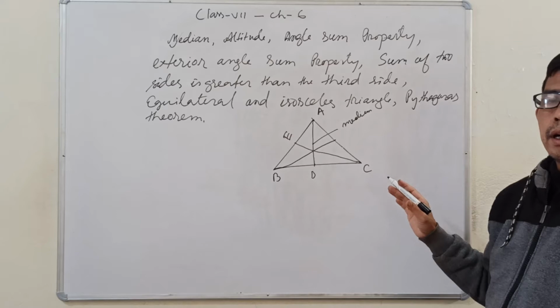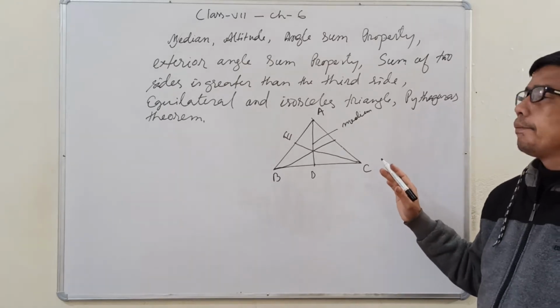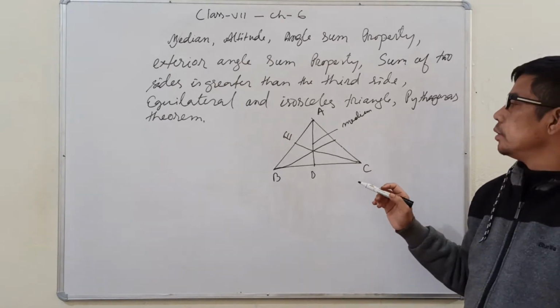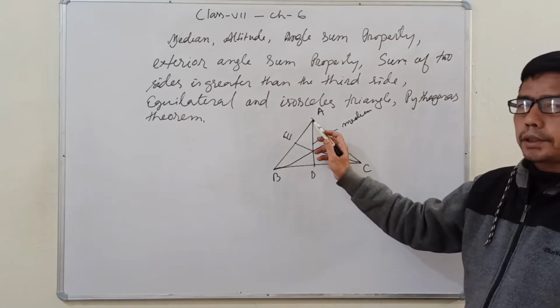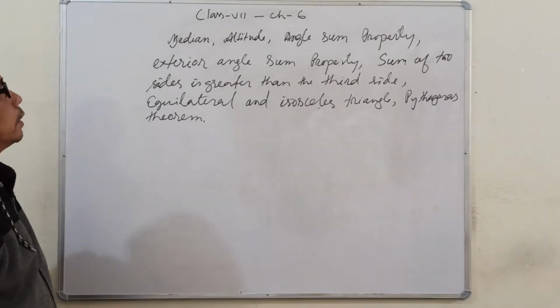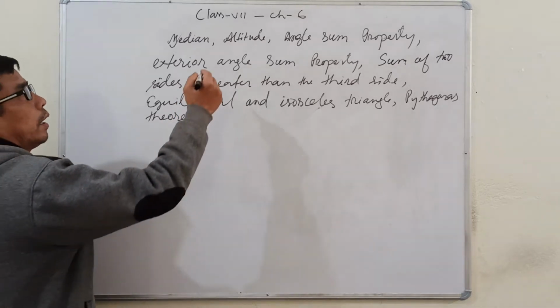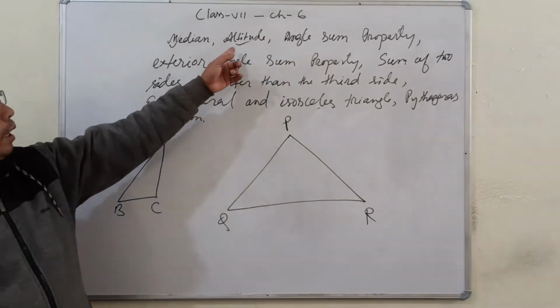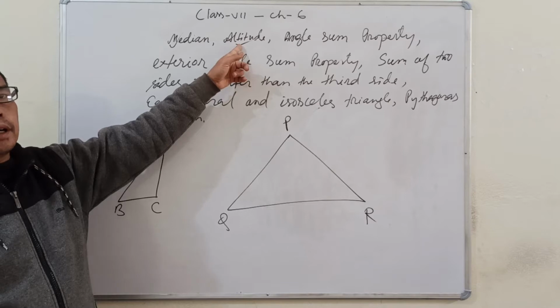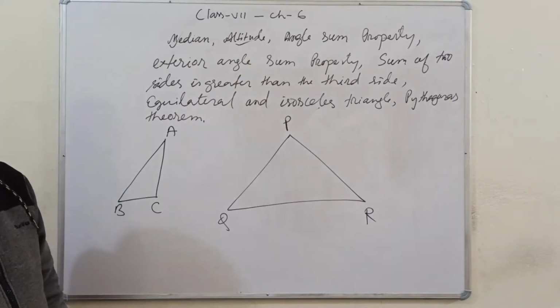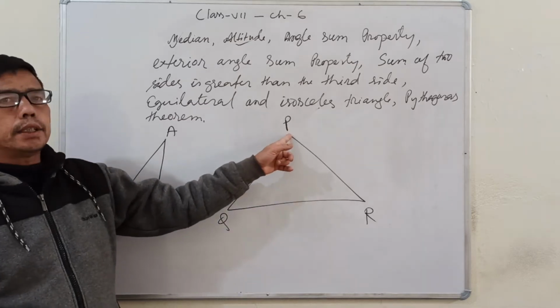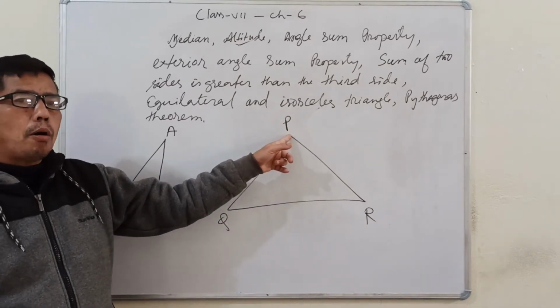Again I am repeating, the median of a triangle is a line segment joining the midpoint of one side to the opposite vertex. Then let's come to altitude. By altitudes of a triangle we mean the perpendicular drawn from one of the vertices to the opposite side.